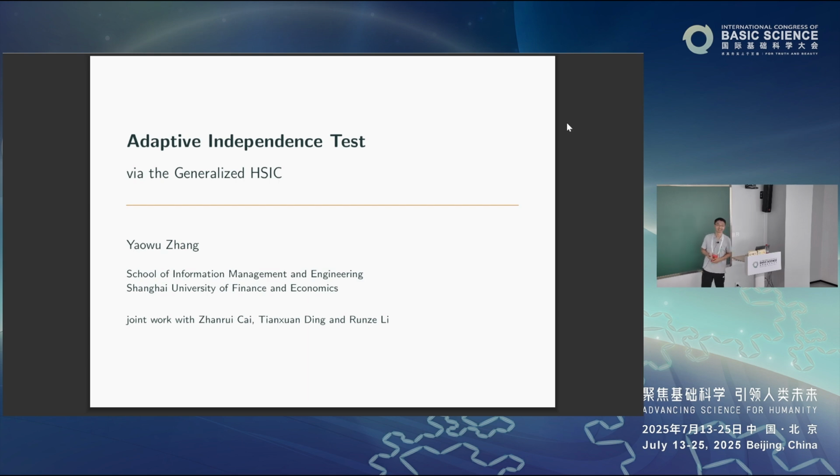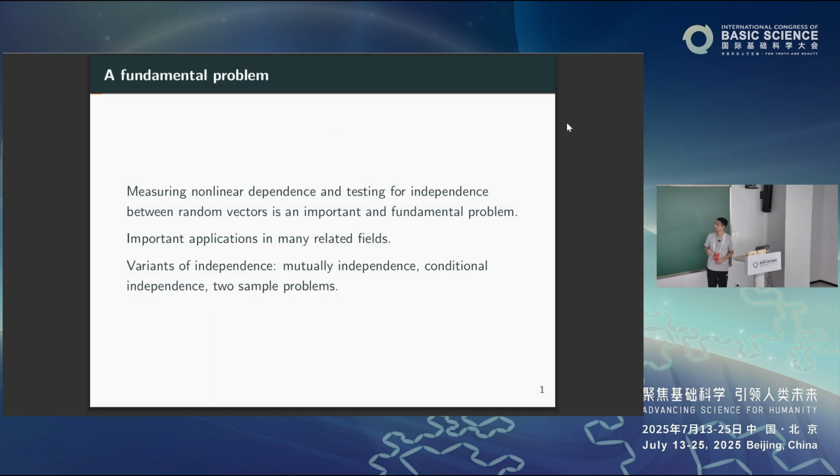Okay. Thanks very much for the introduction. It is my great honor to be here to share my recent work on independence testing. Measuring and testing nonlinear dependence and testing for the independence between random vectors is an important and fundamental problem in statistics.